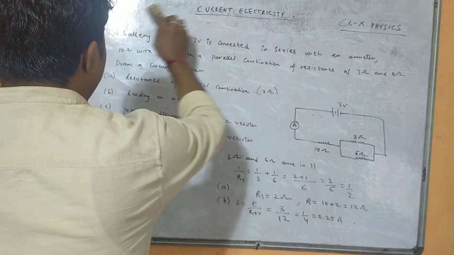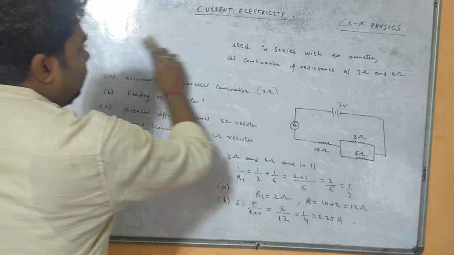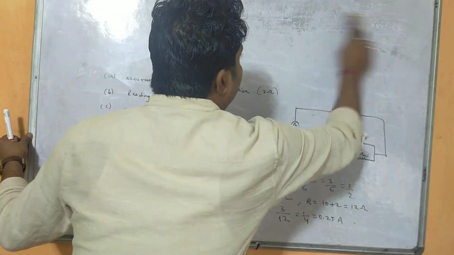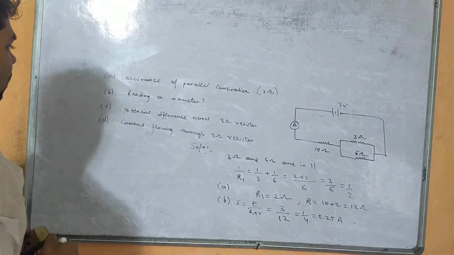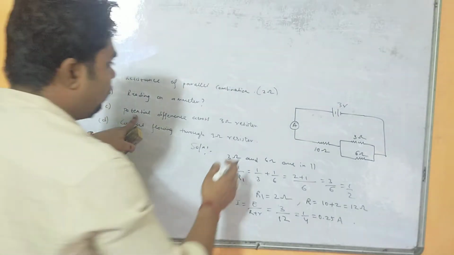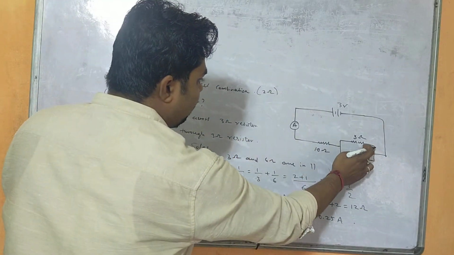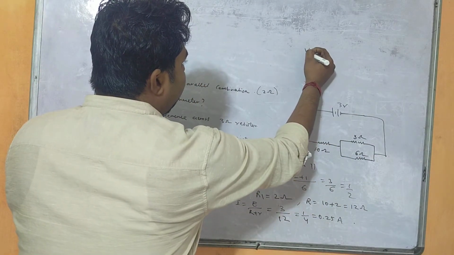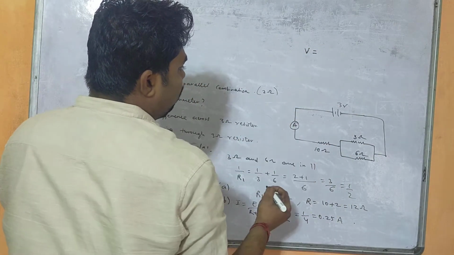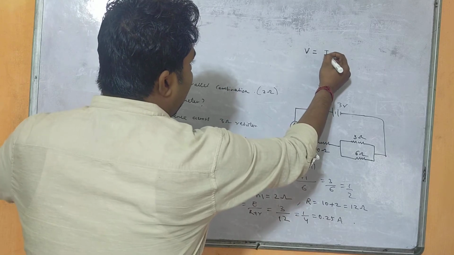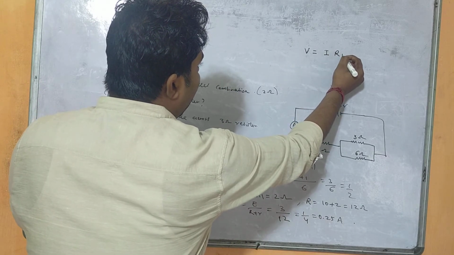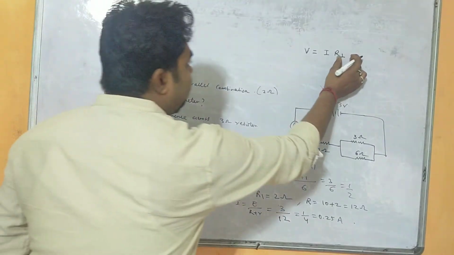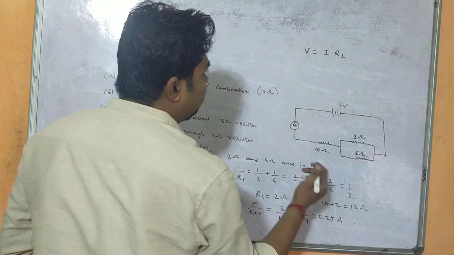Third thing we have to calculate here, potential difference across 3 ohm resistor. So I'll just rub the board here. Now potential difference across 3 ohm resistor, so potential difference equals I into R1. R1 when I say, that means R1 is the combination of this.